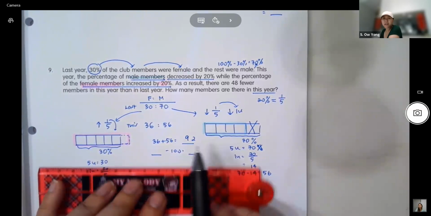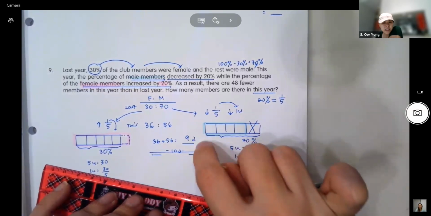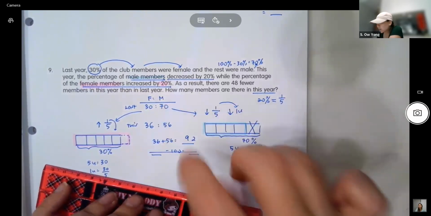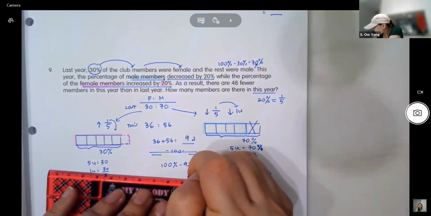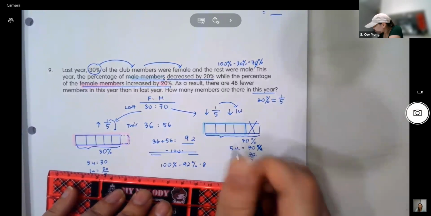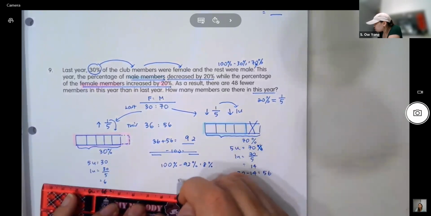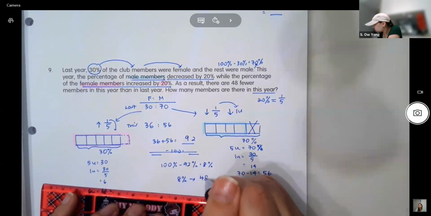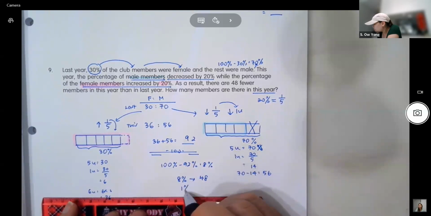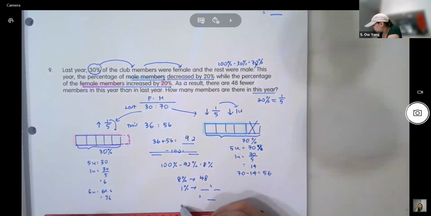Sorry, not minus 100. I made a mistake because this year is only 92%. From 100 it actually dropped to 92. So actually this 8 units correspond to 8%, corresponds to 48. Find 1%. Find 92 because you are looking for this year.